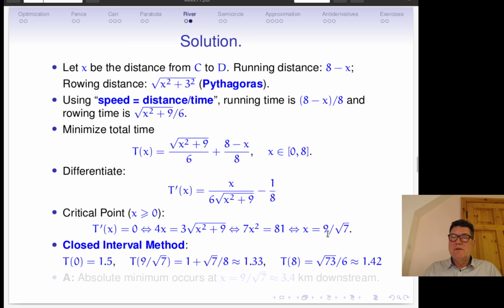Now, the closed interval method suggests that we should compare the values taken of the T function at the critical point with the values at the end points, T of 0 and T of 8. T of 0 comes out as 1.5.